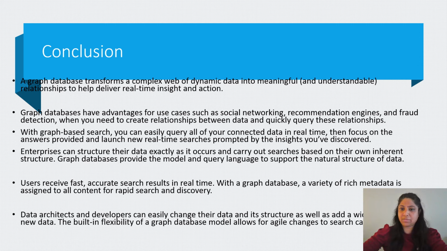And with graph databases, a variety of rich metadata is also assigned to all the content for rapid search and discovery. Finally, data architects and developers can easily change their data and its structure as well as add a wide range of new data. The built-in flexibility of the graph database model allows for agile changes.